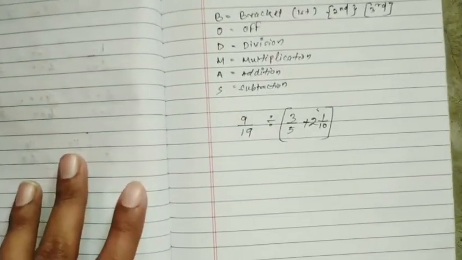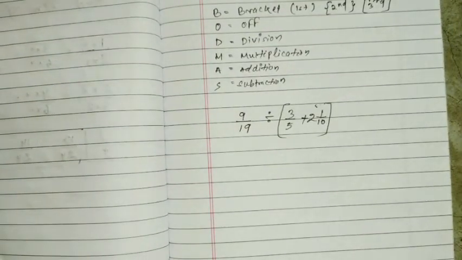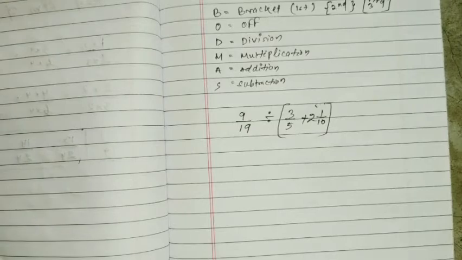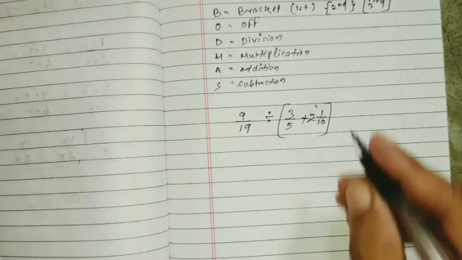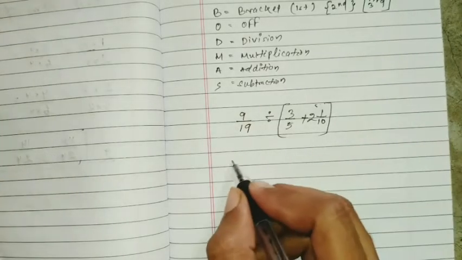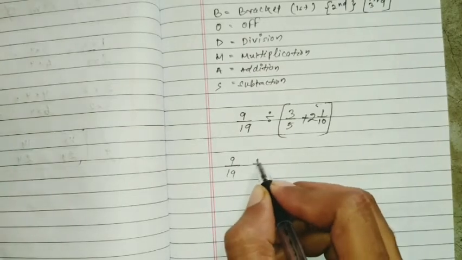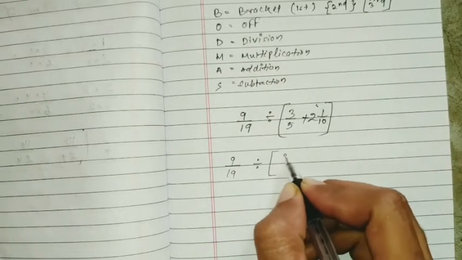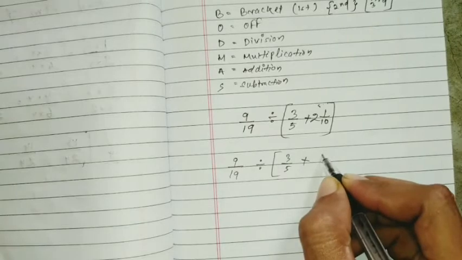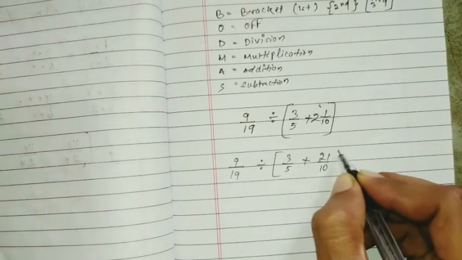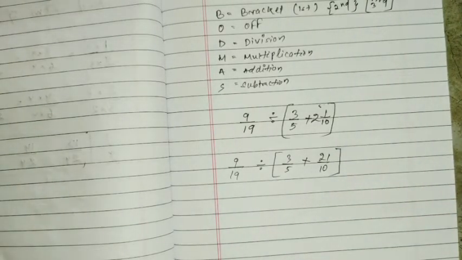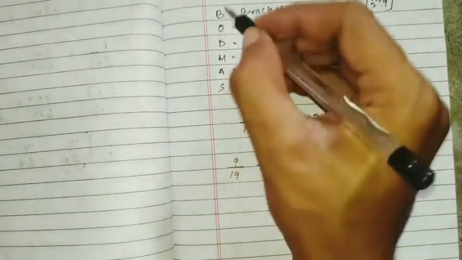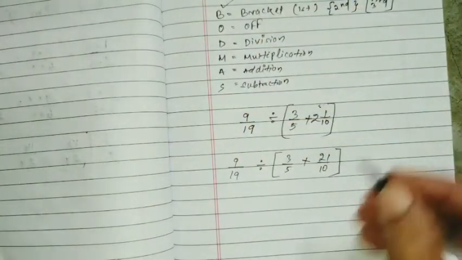So first what we have to do, first change this improper fraction into proper, that is 21 by 10. After that we have to solve first what? This bracket.